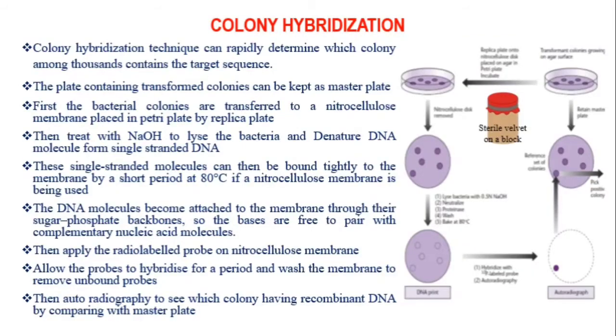The next technique for the screening of recombinant clones is colony hybridization. Using this technique, we can rapidly determine which colony has the desired DNA product, and screen it from thousands of colonies.